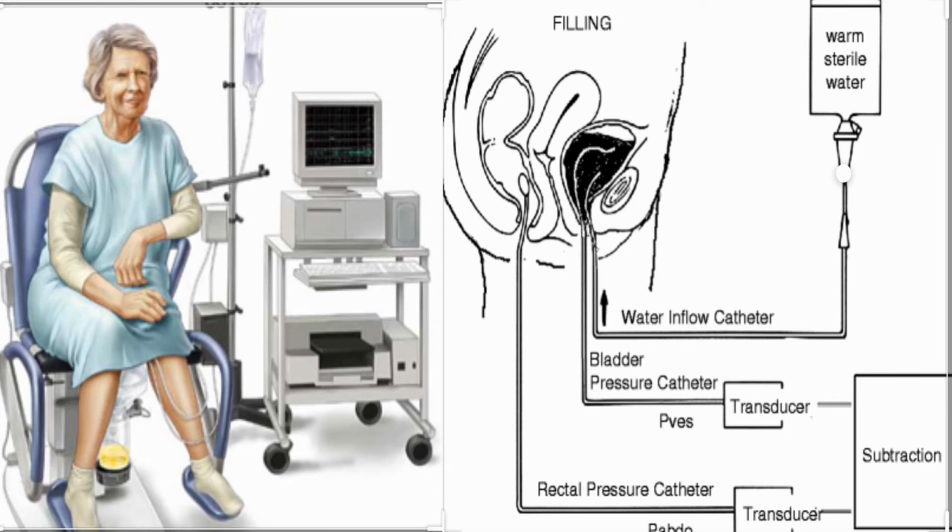The woman here is asked to void on a flow meter, and then the residual urine is noted on catheterization. Then during the filling, we use a filling line with normal saline. We ask the patient to indicate her first desire to void, and the volume of these events is noted.